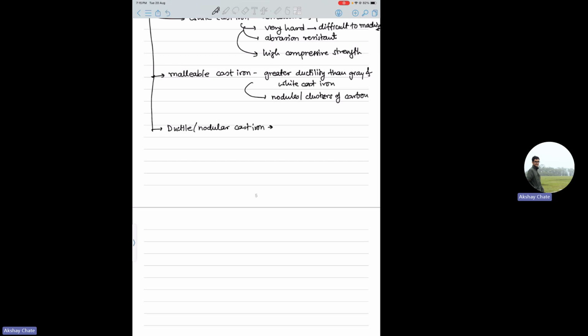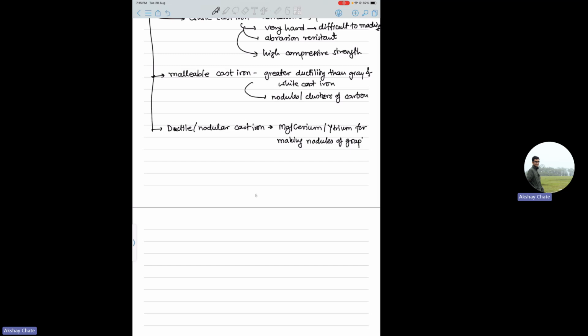And here they use magnesium or cerium, yttrium for making nodules of graphite.